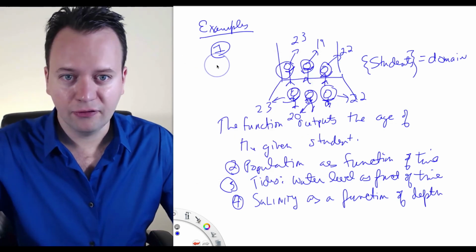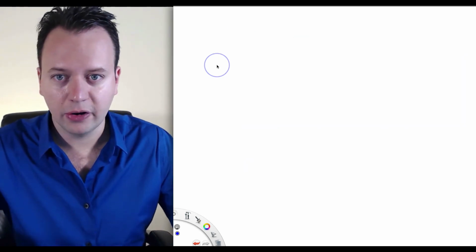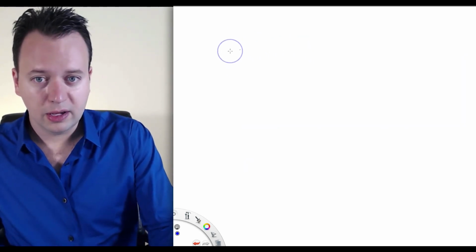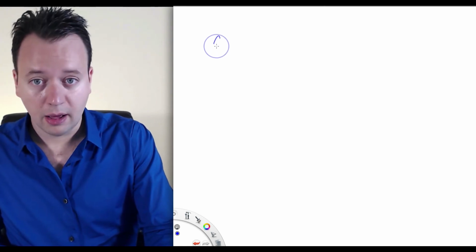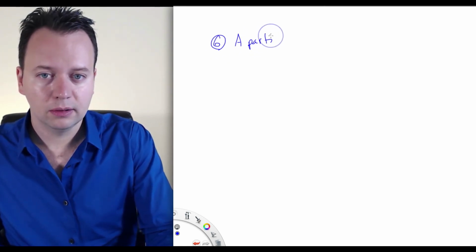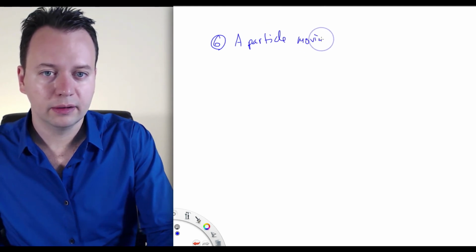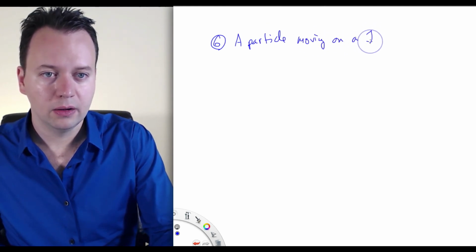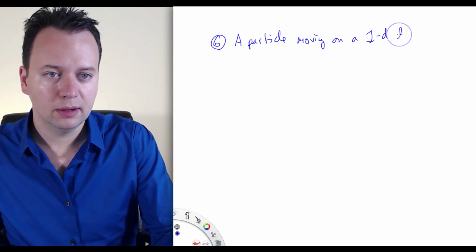And as a final example, this example is very useful in physics. We can consider, so I'll call this 6, a particle moving on a one-dimensional line.